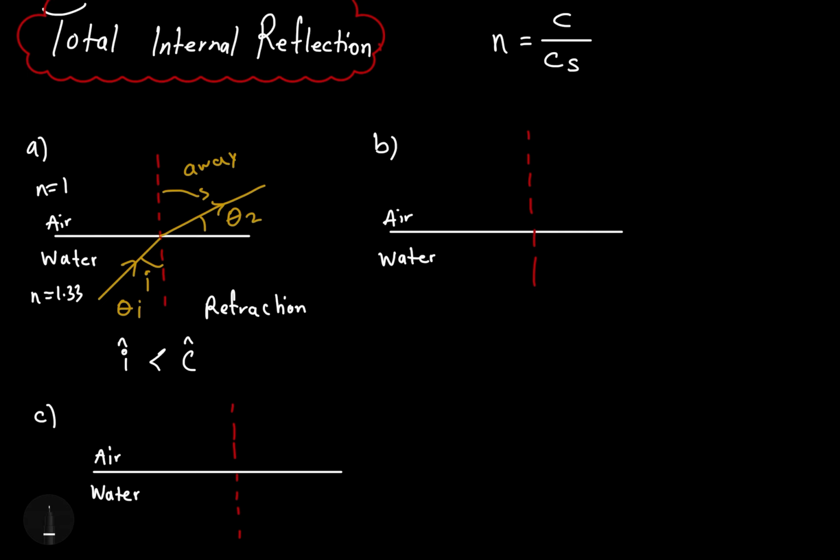However, it turns out that at a specific angle known as the critical angle, if this theta 1, this angle of incidence of the ray of light going from water into air, reaches the critical angle, at that specific angle, the ray of light is no longer refracted as before, but it is going to bend at a 90-degree angle.